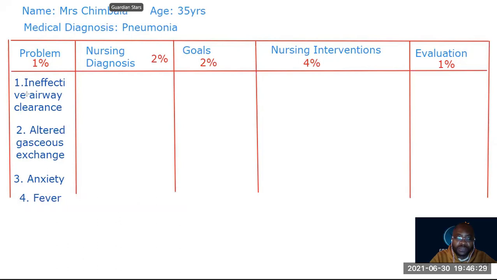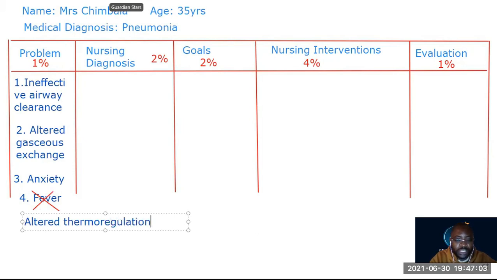I hope you're getting me. It's not allowed to bring out fever as a nursing problem. In place of fever, you can say altered thermoregulation.